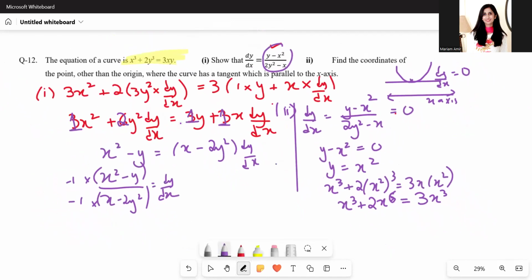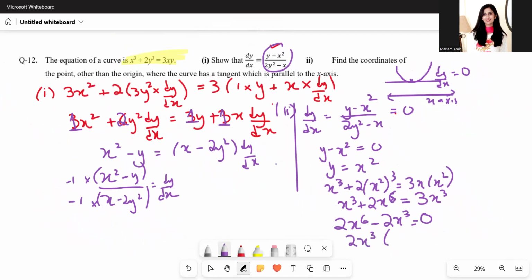Okay, now move everything to the same side so we can get a 0 here. 2x power 6 minus 2x cubed equals 0. Now take 2x cubed common.